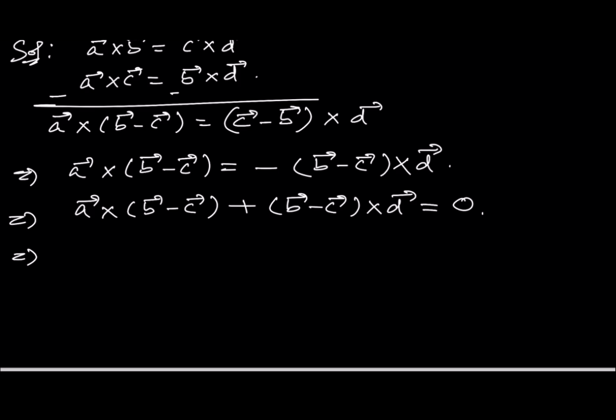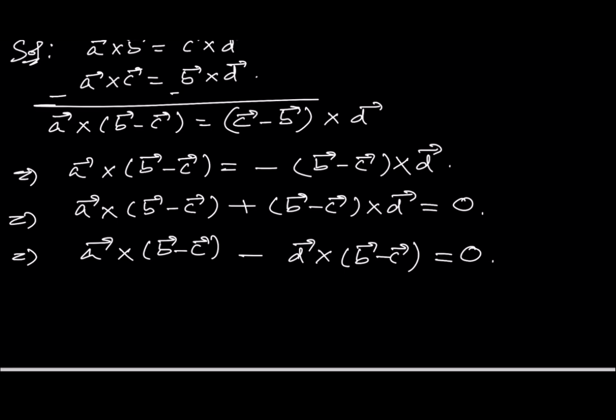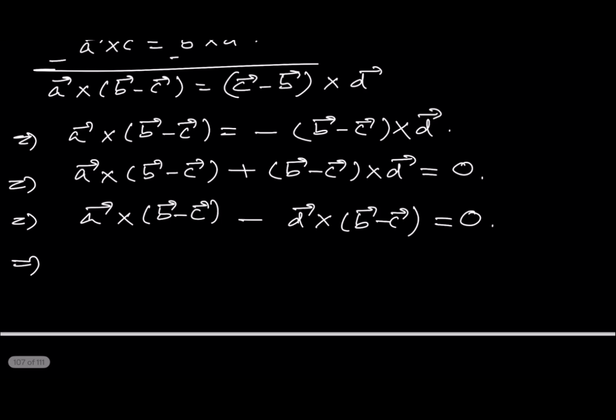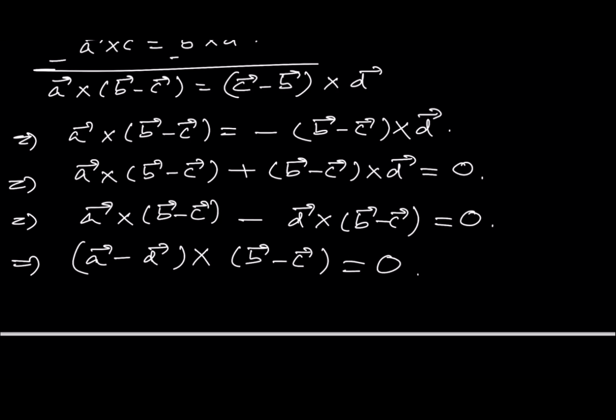So if I write D vector in first and then B minus C, then minus sign will come out. Okay, and in RHS it is 0. Now I can take B minus C common, so this will become A minus D cross B minus C is equal to 0.